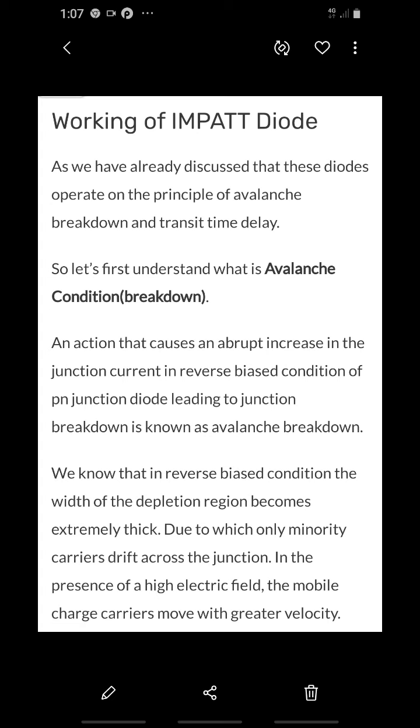We know that in a reverse biased condition, the width of the depletion region becomes extremely thick, due to which only minority carriers drift across the junction. In the presence of a high electric field, the mobile charge carriers move with a greater velocity.